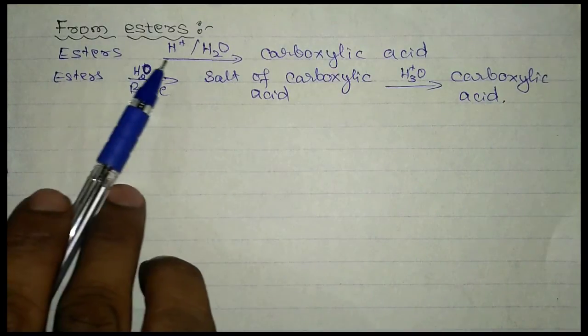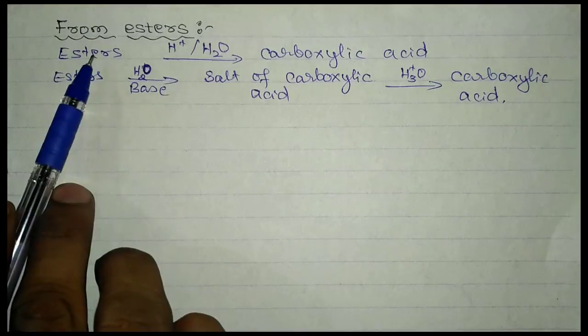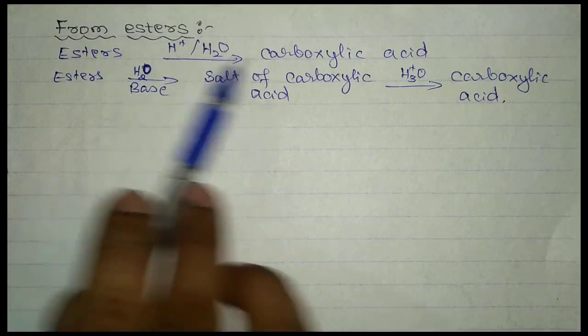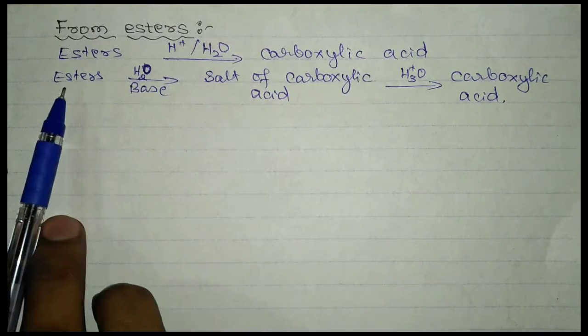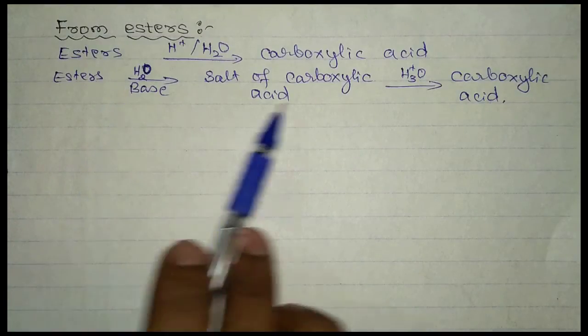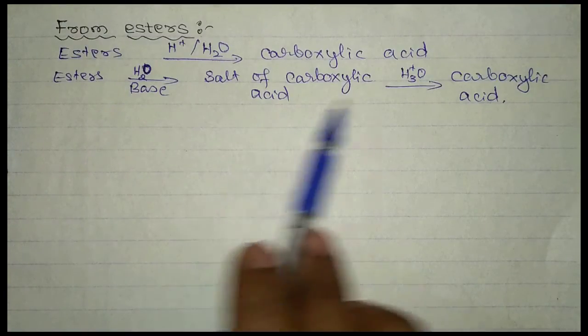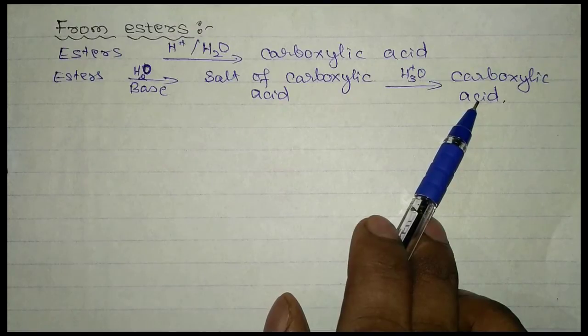So esters hydrolyzed in the presence of acid give carboxylic acid directly. If esters are hydrolyzed in the presence of base, first you get the salt of carboxylic acid, which on acidification gives carboxylic acid.